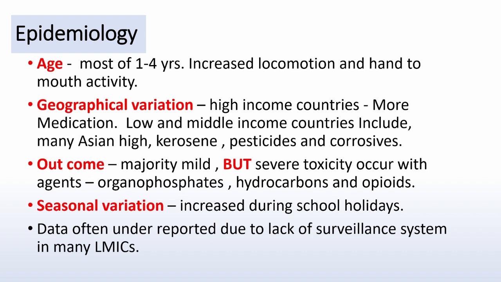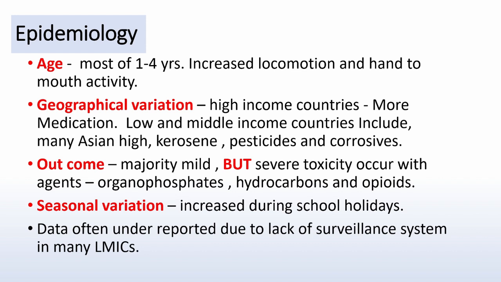The outcome of most poisonings in children is good, with very mild incidents, and rarely severe toxicity, with agents such as organophosphate, hydrocarbons, that means kerosene, and opioids also there.